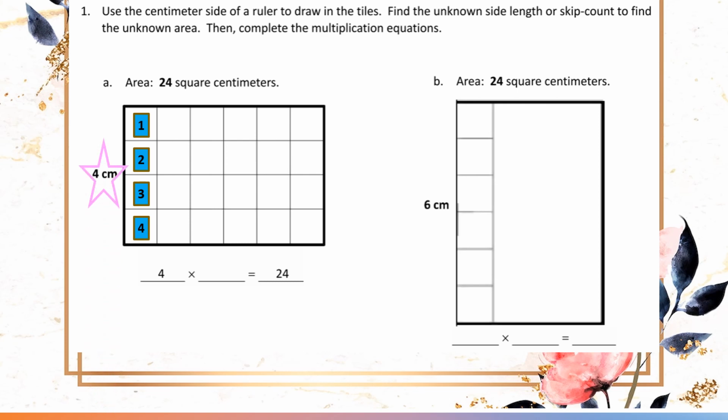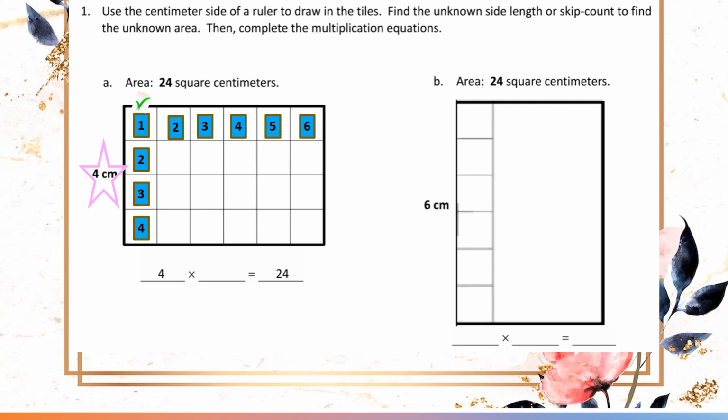Now we're going to use that same one up there in the upper left-hand corner and go straight across. So 1, 2, 3, 4, 5, 6.